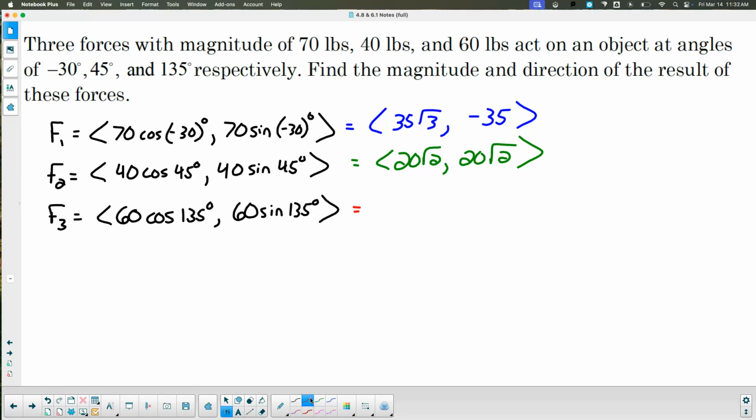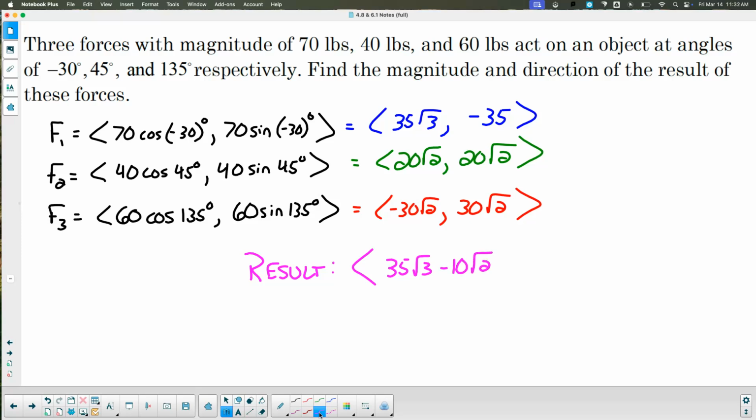It's going to be 135 is... so my result. Sorry. I didn't get it right. Oh, that's going to be 35 square roots of 3 minus 10 square roots of 2. And then this is going to be negative 35 plus 50 square roots of 2.